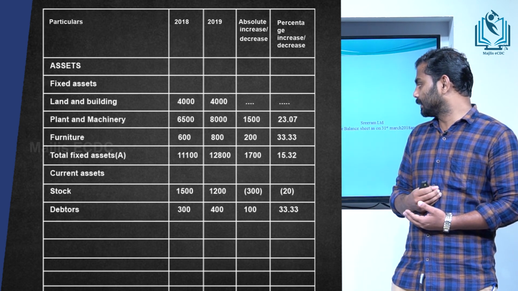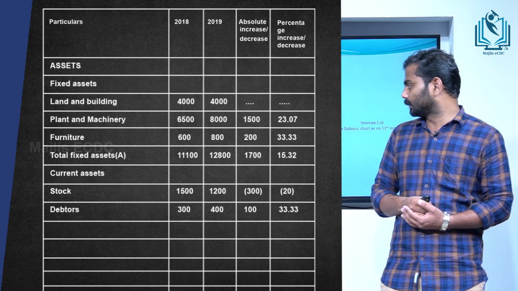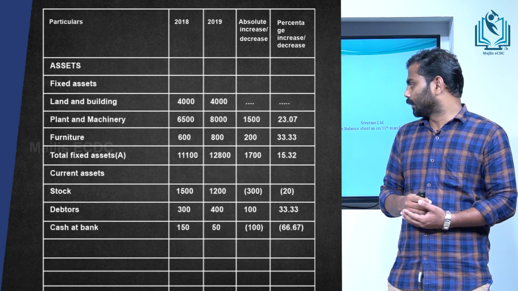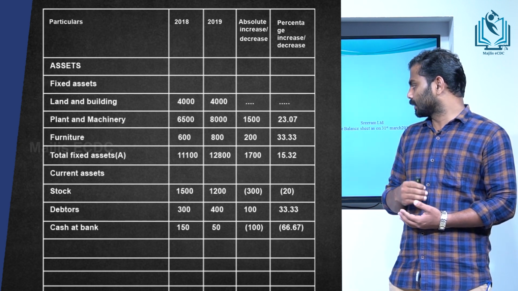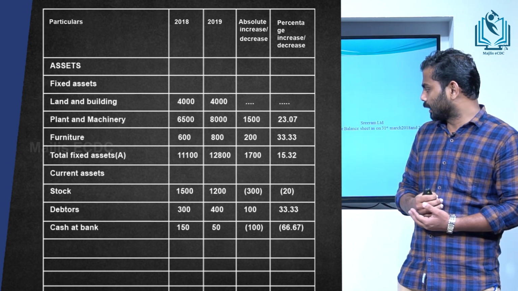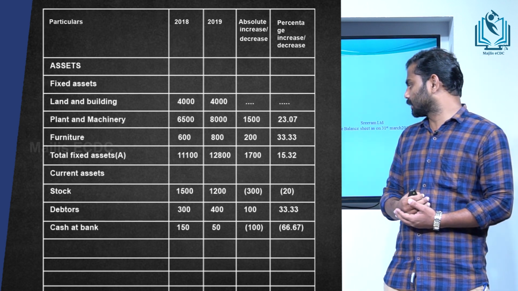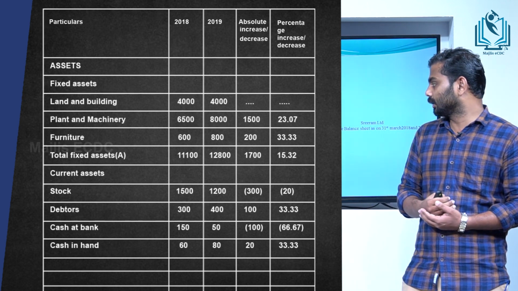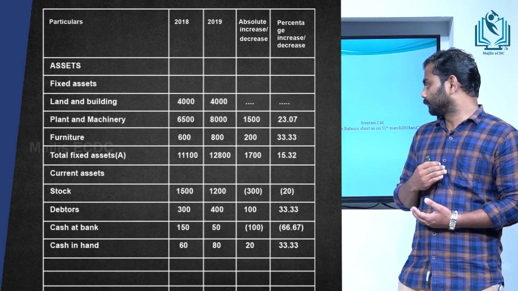Absolute increase is rupees 100 and the percentage of increase is 33.33%. Cash at bank rupees 150 in 2018, 50 in 2019. The absolute decrease is rupees 100 and the percentage of decrease is 66.67%. Cash in hand rupees 60, rupees 80, percentage of increase 33.33%.